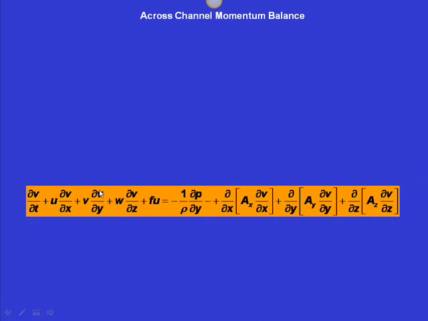How about this term? We can assume that the flow is linear, so we can neglect the advective term. And we can also assume that the momentum balance across the estuary is frictionless, no friction. So these three terms, 1, 2, 3, disappear. So we're left with what? The pressure gradient being balanced by Coriolis.